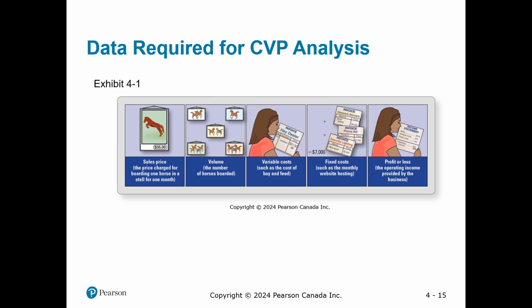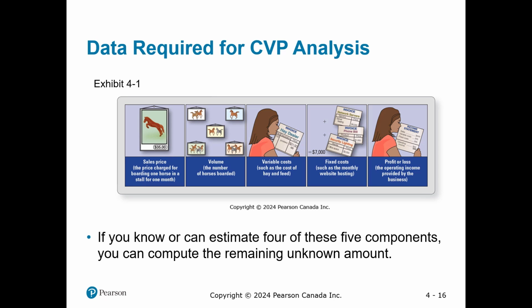Okay, so what data do we need in order to perform CVP analysis? Well, you need the sales price per unit, the number of units, the variable cost per unit, the total fixed cost, and the profit or loss. Actually, you only need 4 of these 5 pieces of information. If you have 4, you can calculate the 5th one, the unknown number.